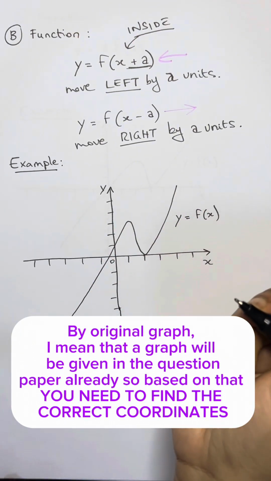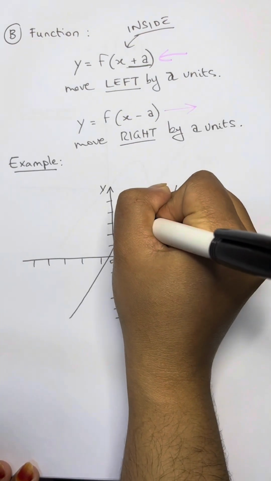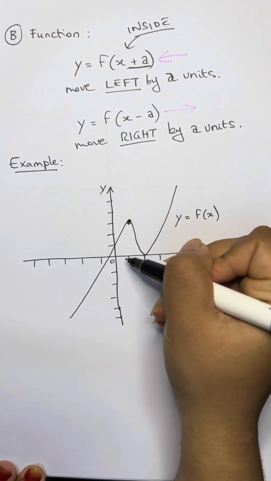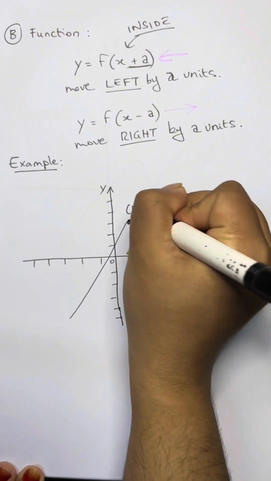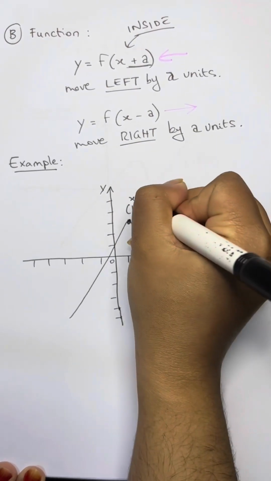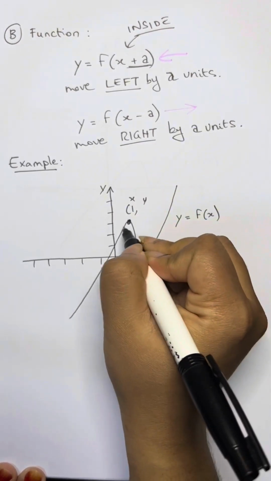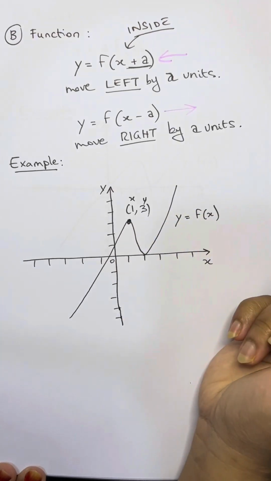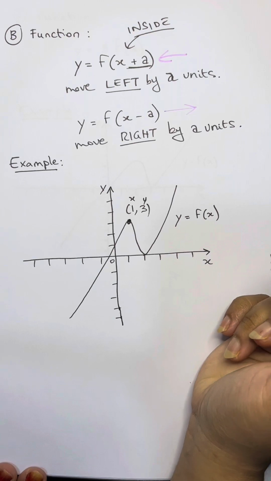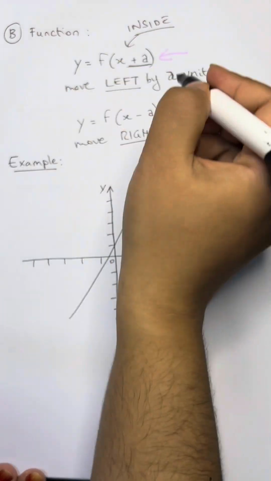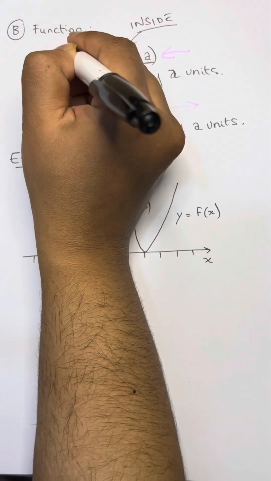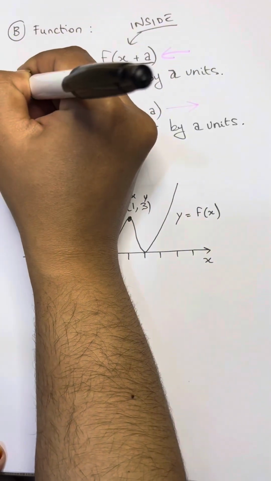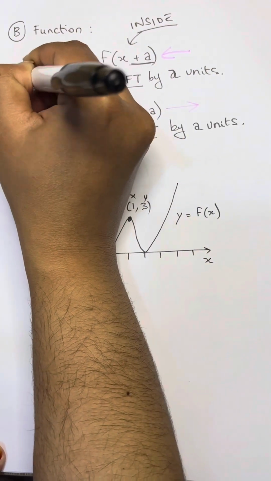So let's suppose that this is the coordinate I'm looking for here. It's 1 for the x value, and for the y value, that's 1, 2, 3, so that's 3. So 1 and 3. And the change here happens in the x direction.